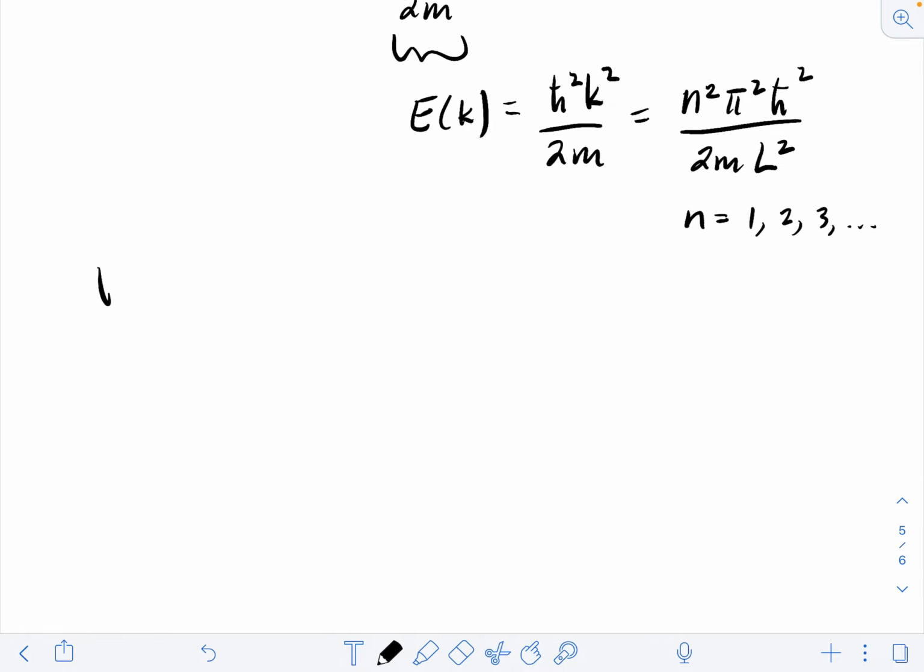So what I want to think about then is what happens if you do this in 3D?